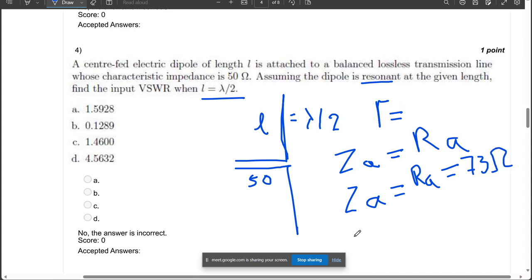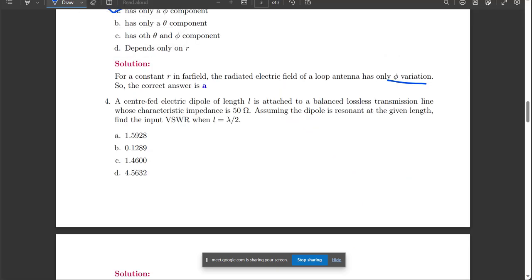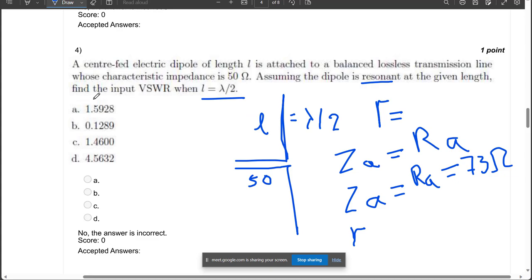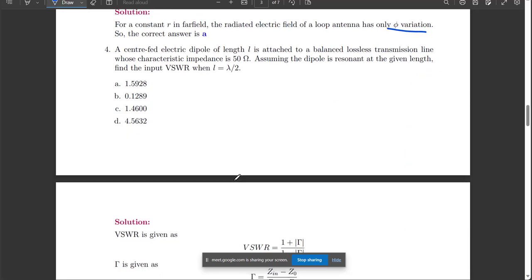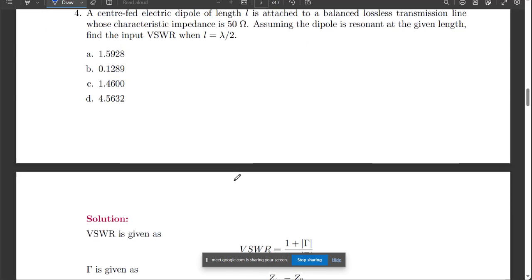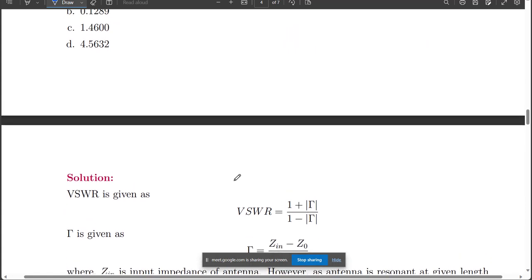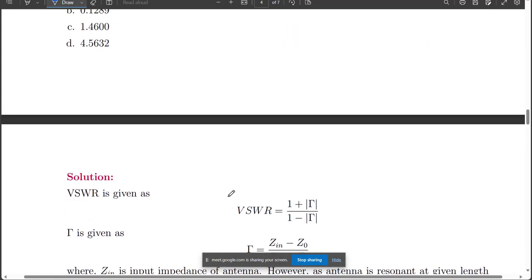You already know how to find the reflection coefficient, right? I've already told you in the previous class. Use that formula, put it in the VSWR formula, and you will be able to find the value of VSWR. The formula for VSWR is what? 1 plus modulus of reflection coefficient upon 1 minus modulus of reflection coefficient.